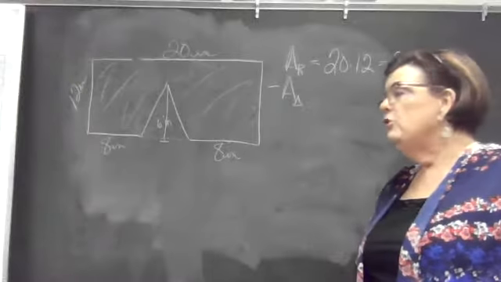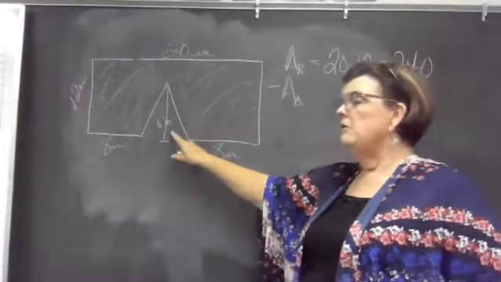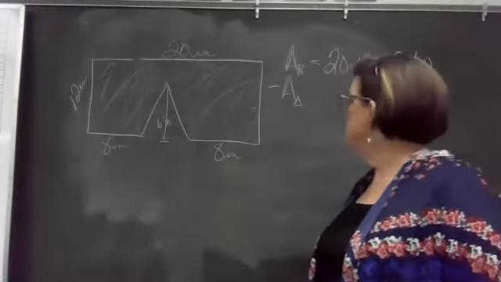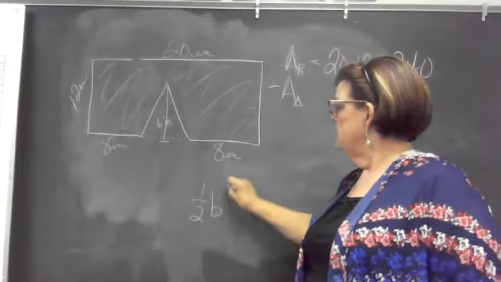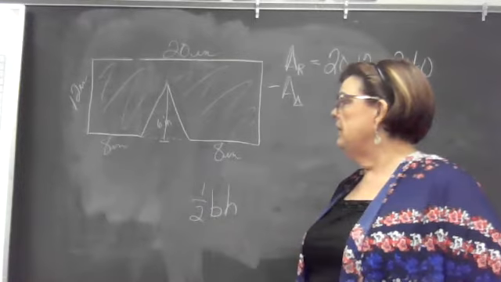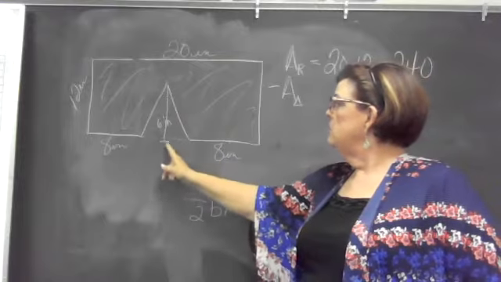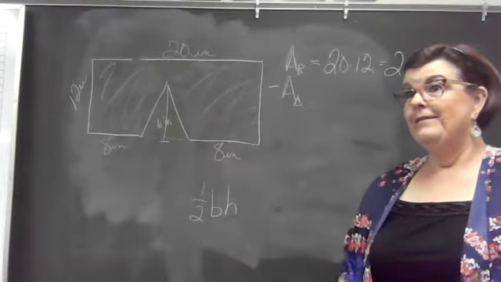Then we know that we don't want this piece. So we're going to have to find the area of this piece I'm cutting out. Now it's a triangle. And remember that a triangle is 1/2 the base times the height. So here's the height. Uh-oh, here's the base, and we don't know what that is. Or do we? We do.